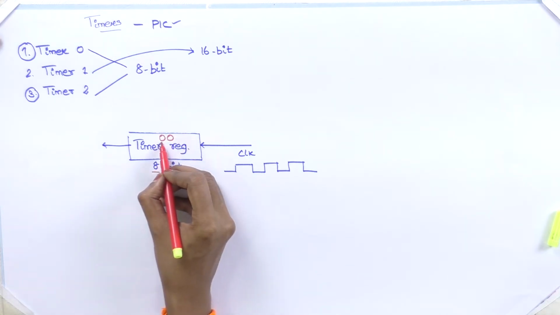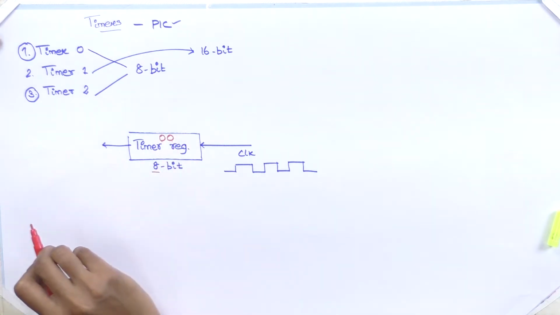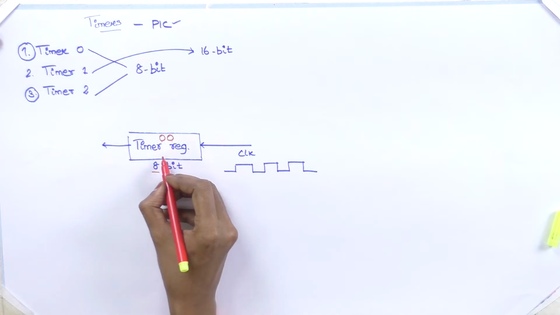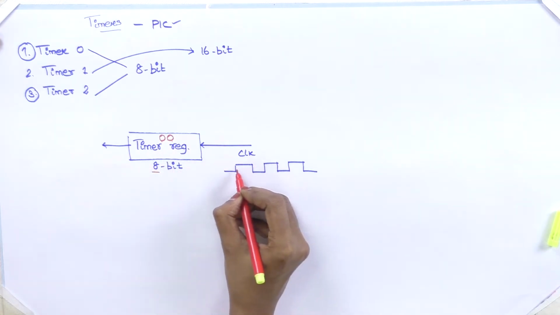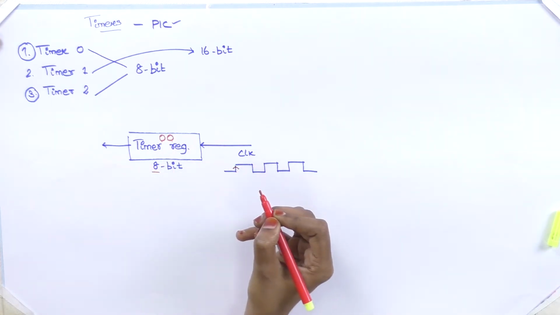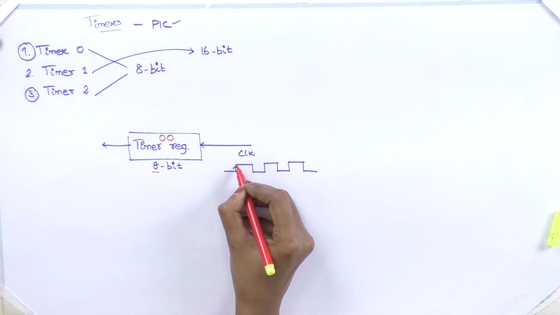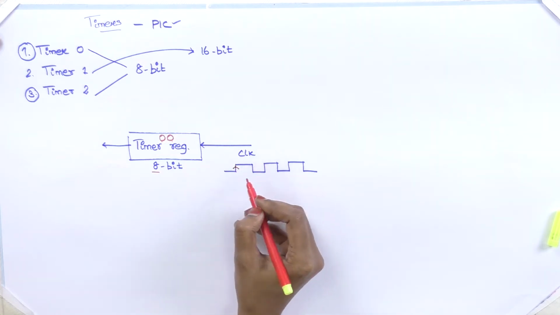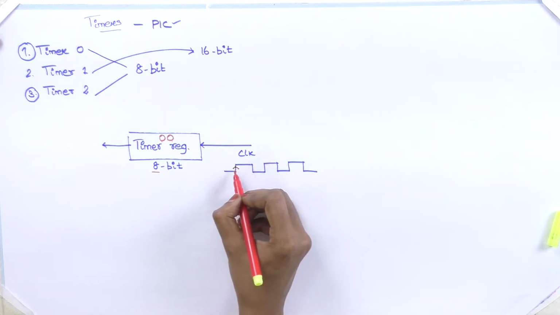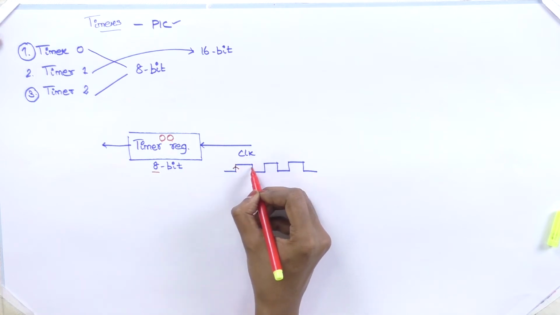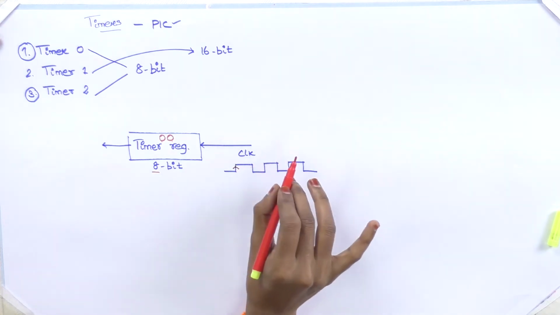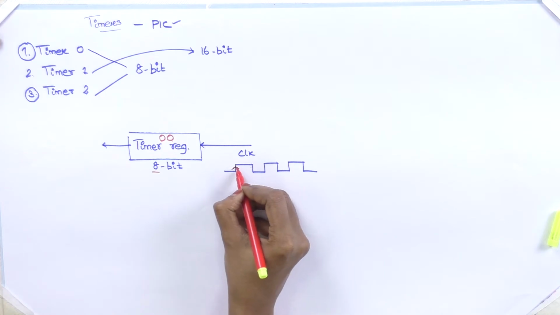So it is initialized with an 8-bit value 0 0. Whenever this timer register receives a clock pulse of a rising edge, for example, we have taken a rising edge. It depends on the programmer whether he configures it for rising edge or falling edge. Here I have taken the rising edge.